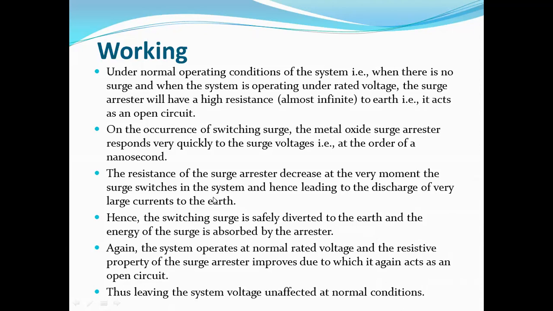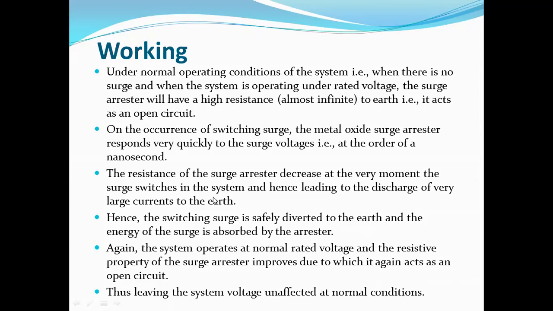Okay, at the start, or under normal operating conditions, the resistance is very high between the two electrodes. But that resistance gets decreased when the voltage increases to a very high value, and the current will also be very high at that time, and that high value current will flow towards the earth now.